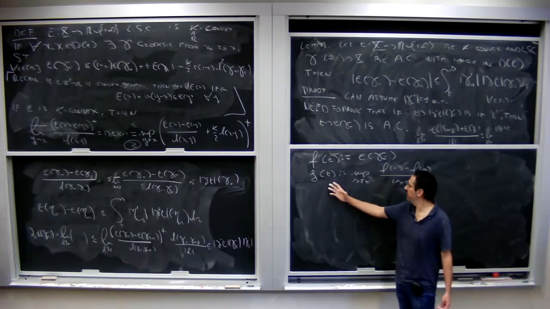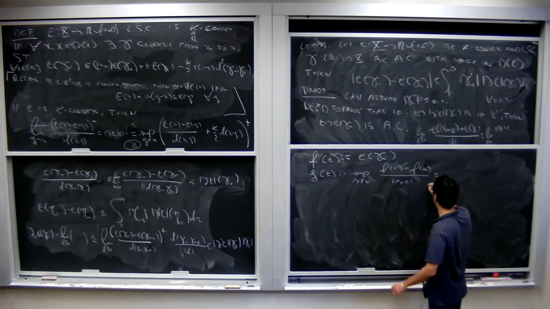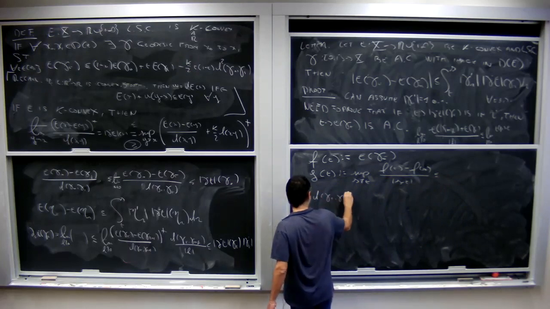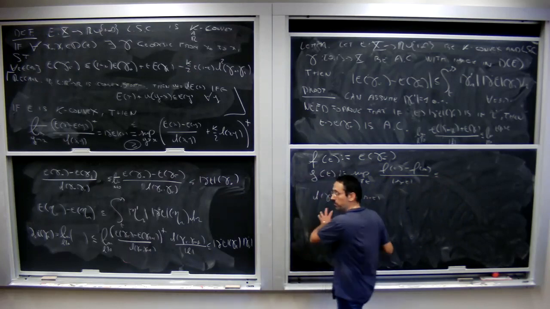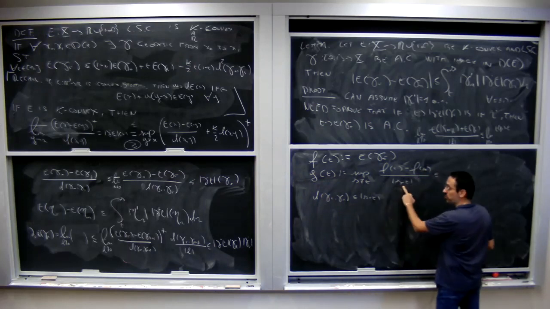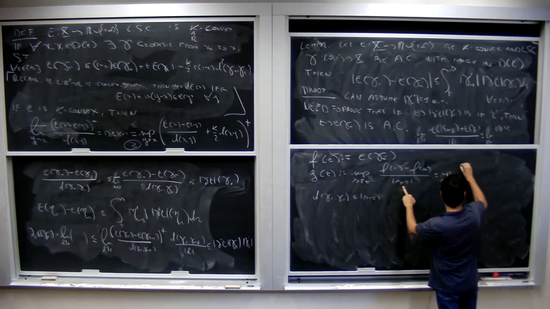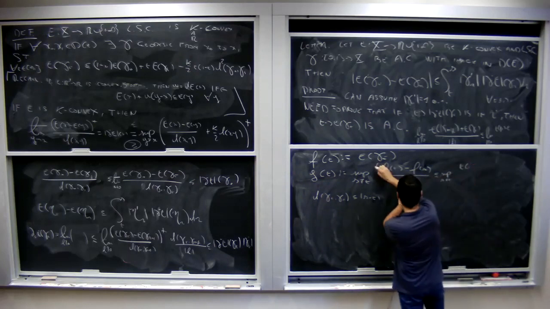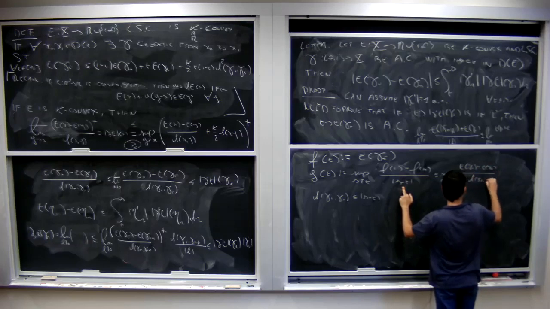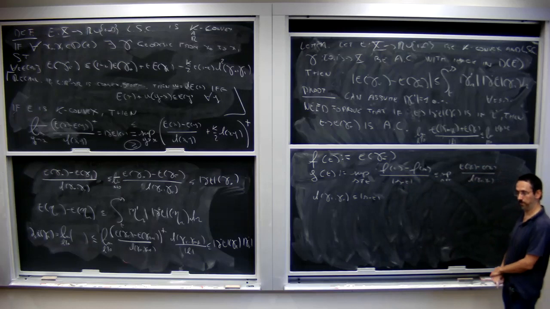Notice that, given that my curve has constant speed 1, the distance between gamma t and gamma s is bounded by s minus t. And so this ratio is less or equal than the sup over s different from t of E gamma t minus E gamma s divided by the distance between gamma t and gamma s. Right?